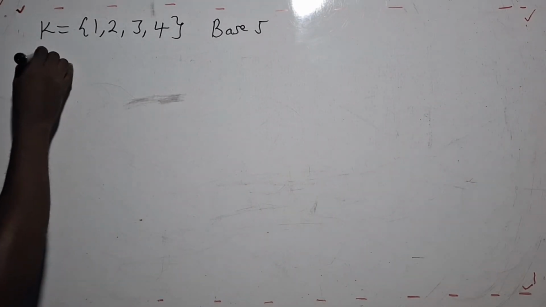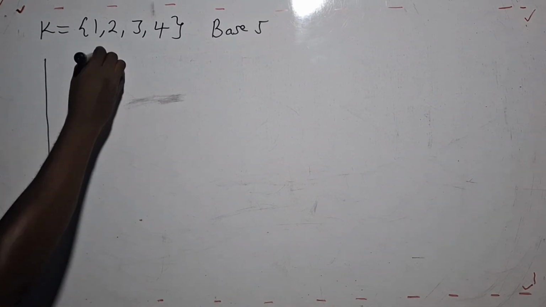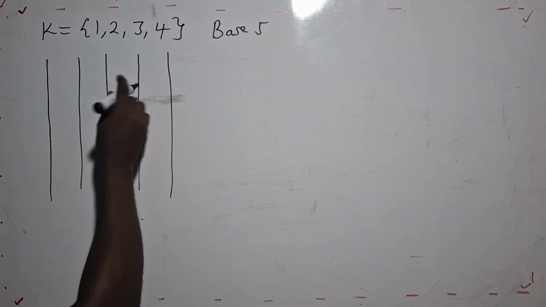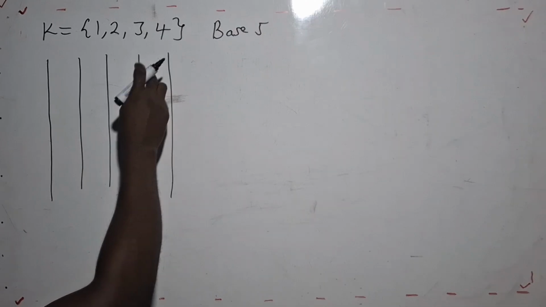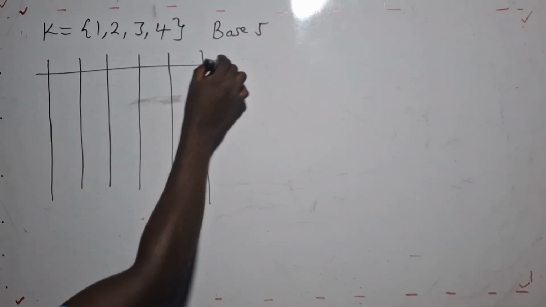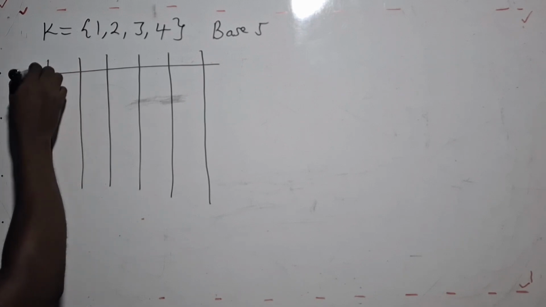So, draw a table. One, two, three, 4. So our multiplication sign, okay, let me draw it here.